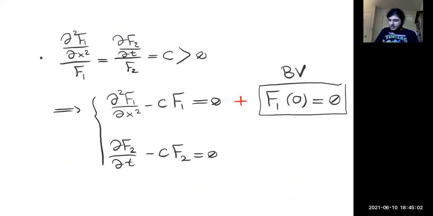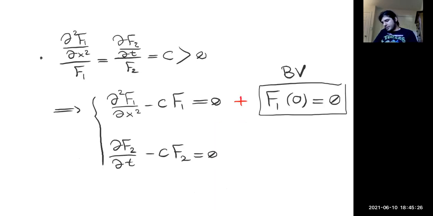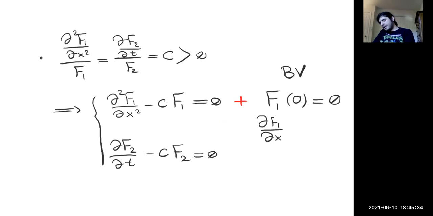What was the boundary value condition for f2? Did we have any boundary value condition for f2? Well, we can't have any boundary value condition for f2. This other one is also a boundary value condition for f1. Derivative of f1 with respect to x at a is also equal to 0. So we have these 2 boundary value conditions.